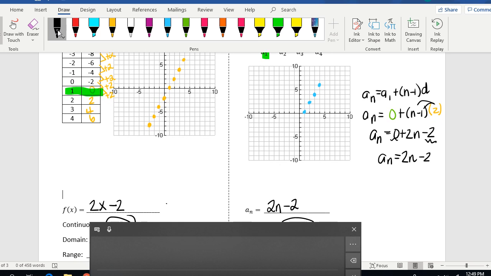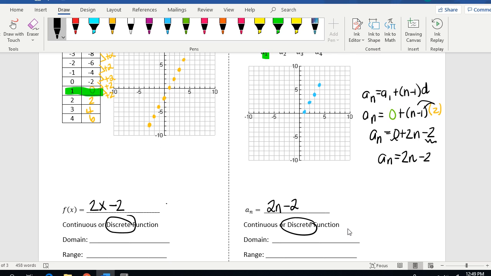So my domain: negative 3, negative 2, negative 1, 0, 1, 2, 3, 4. And my range is my y values: negative 8, negative 6, negative 4, negative 2, 0, 2, 4, and 6.